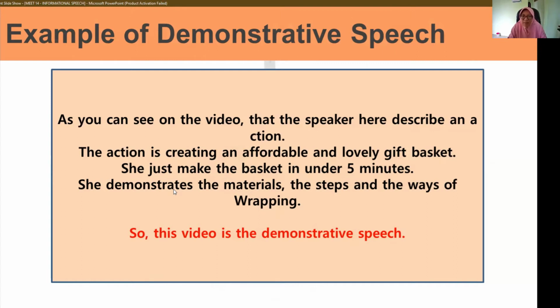She makes the basket in under 5 minutes. She demonstrates the materials and then the steps and also the ways of wrapping. So this video is on demonstrative speech, an example of demonstrative speech.